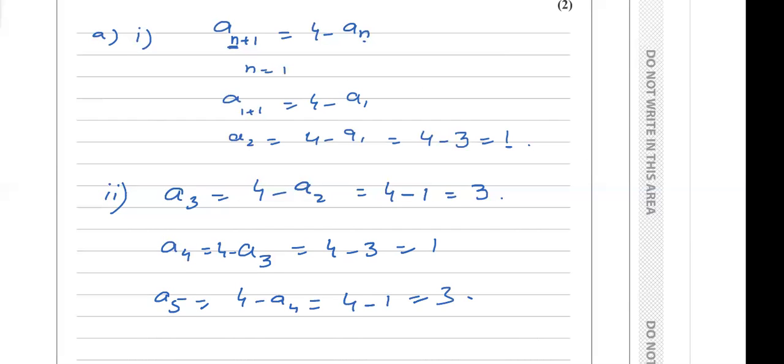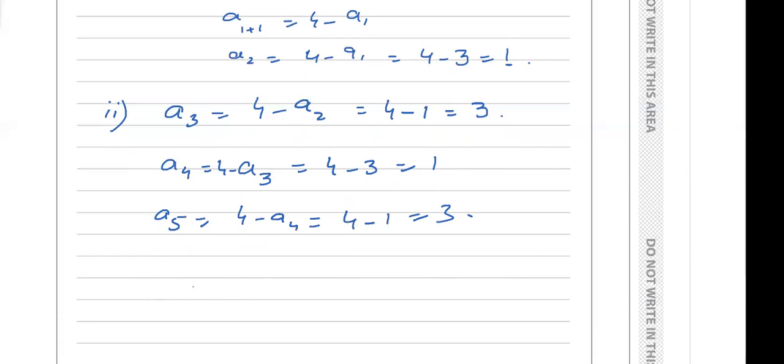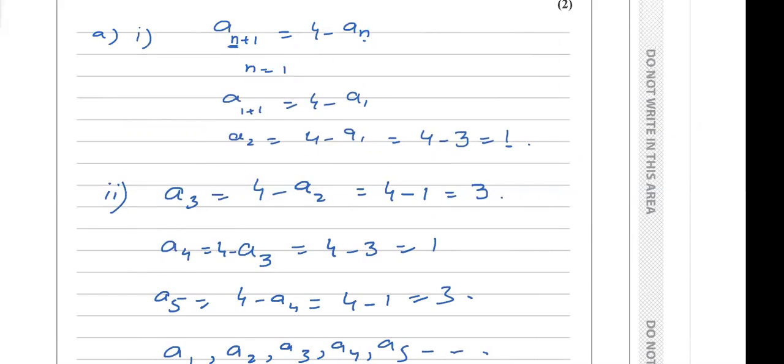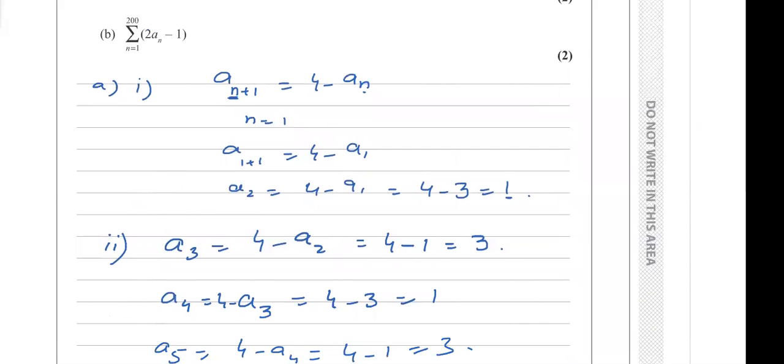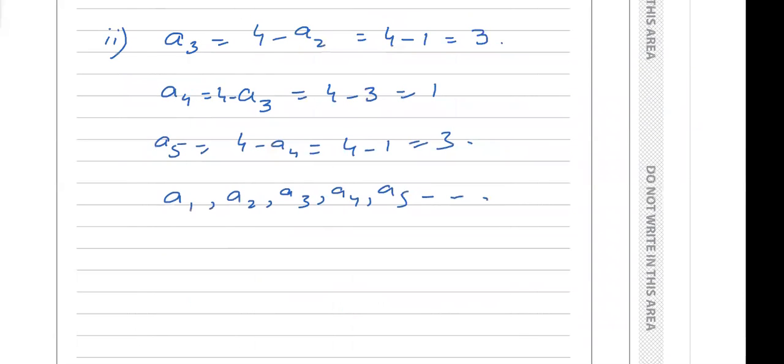If I write a1, a2, a3, a4, a5, and so on, the pattern looks like this. a1 was 3, then a2 was 1, then a3 was 3, then a4 was 1, then a5 was 3, and so on.